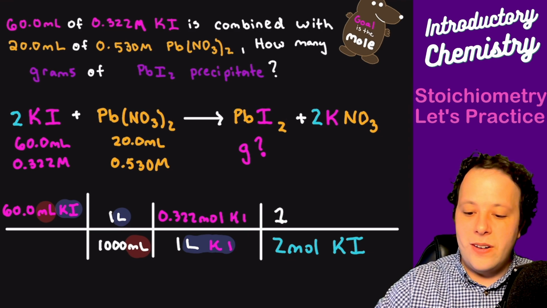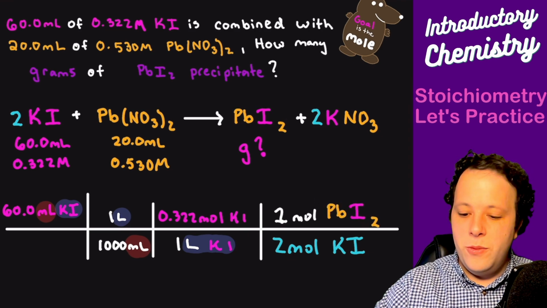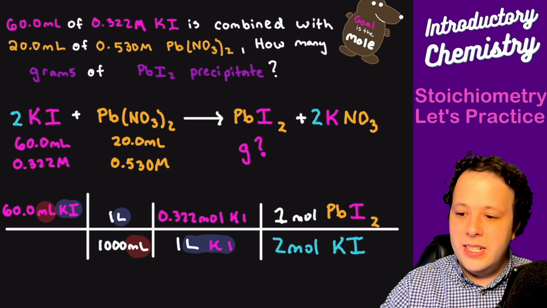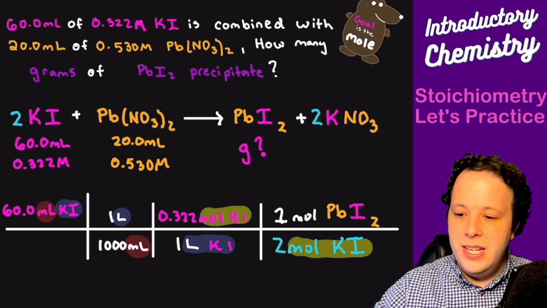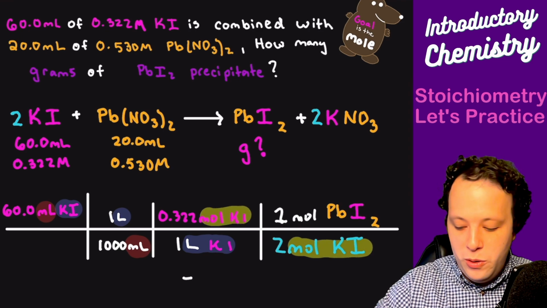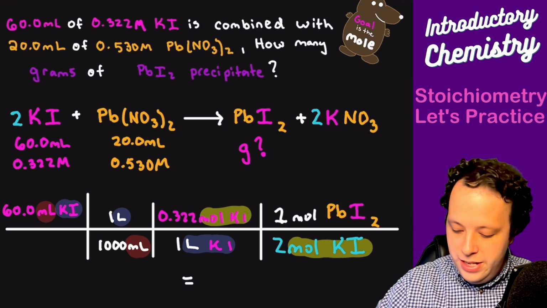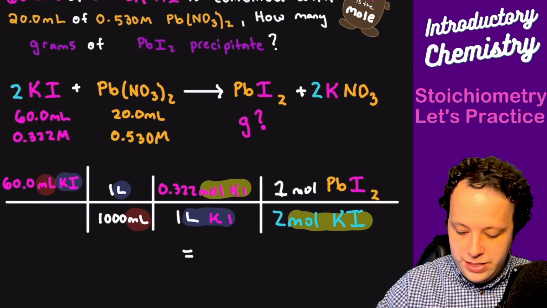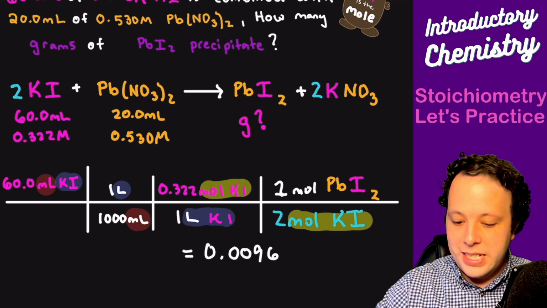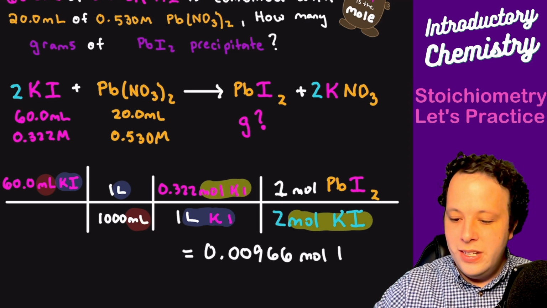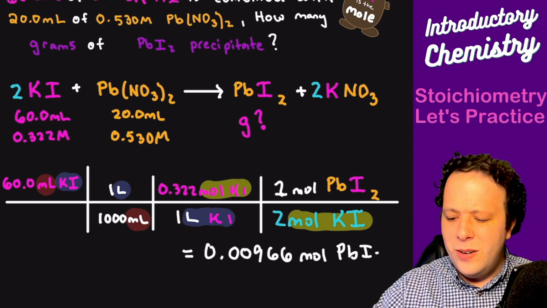So these are equivalent to each other. Now, when we solve this, we can see all of our units cancel out correctly, and this is going to give us moles of lead iodide. So when I calculate this, we will get 0.00966 moles of PbI2.